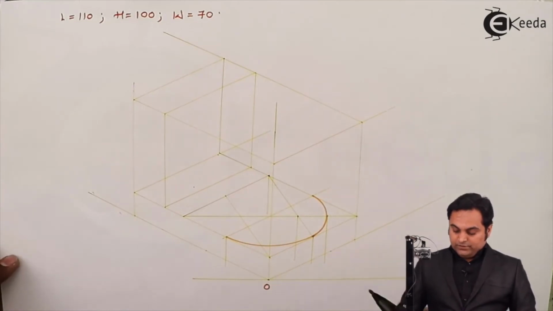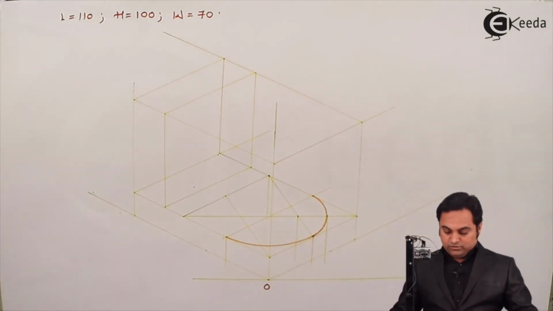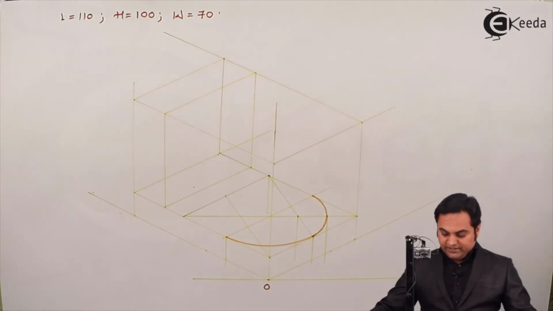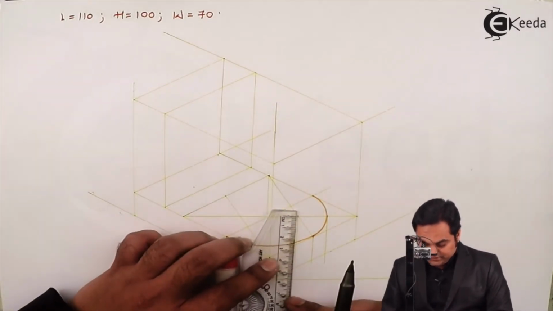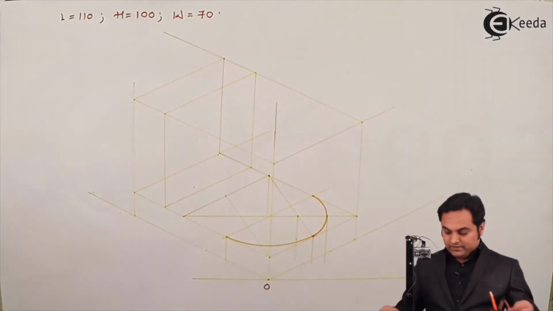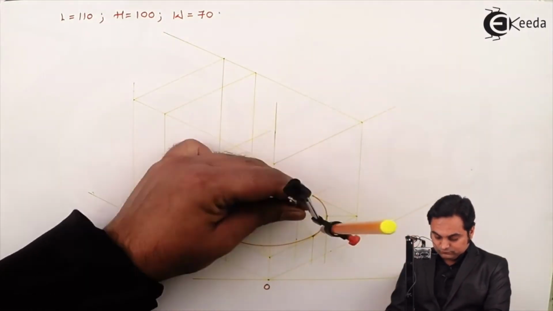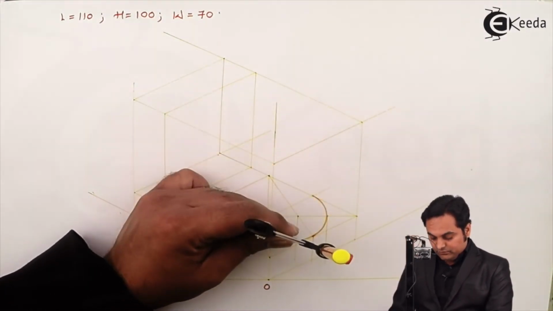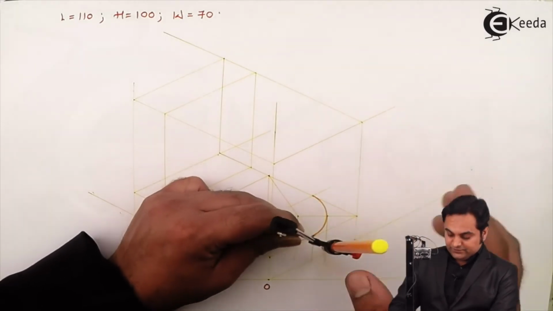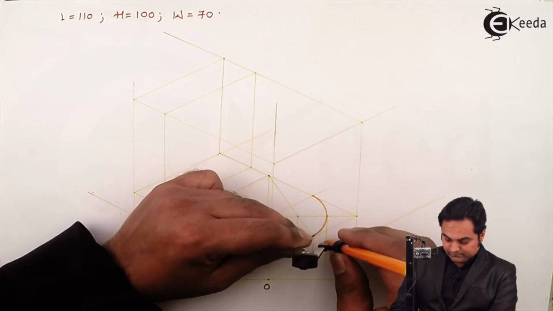Then here the depth is 20 mm at which I have to draw the semicircle. So I have to measure 20 mm exactly at the center which I have used. I am taking 20 mm here, and then taking the same radius, going 20 mm down, that is the center has been shifted now, drawing a light arc.